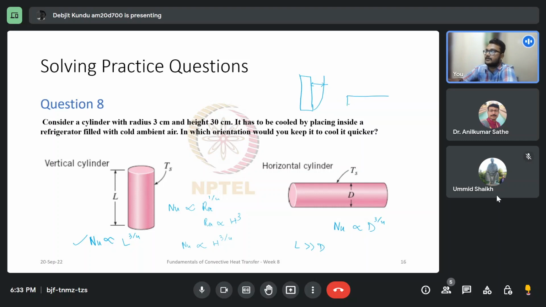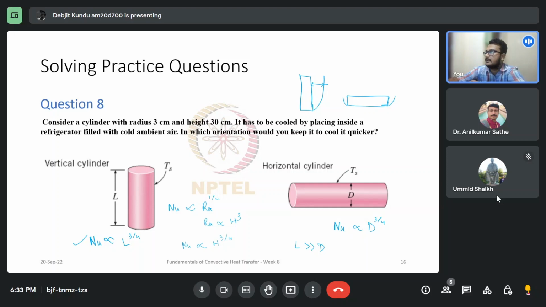Rather, if I keep it in this position, a significantly large portion of it is exposed to colder air. As a result, it might cool faster. So that physical argument holds true, and indeed the horizontal position is more beneficial in cooling it quicker.